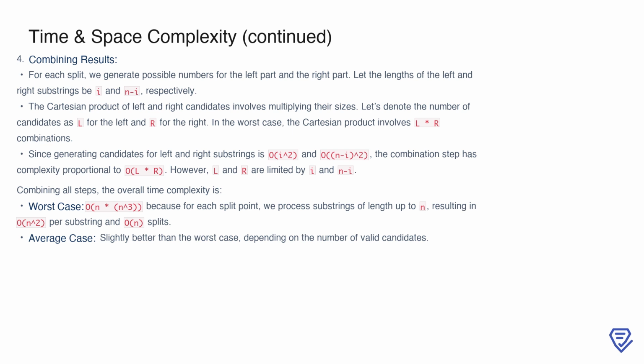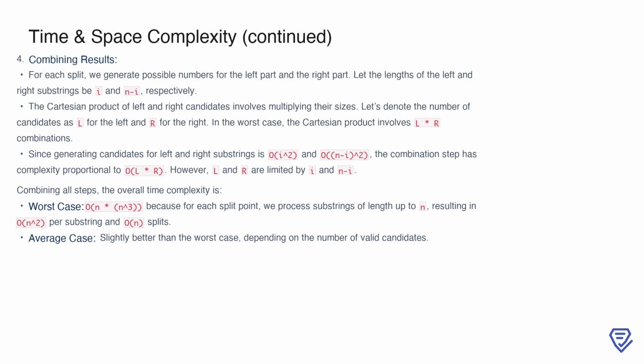Since generating candidates for the left and right substrings involves i squared and (n-i) squared operations, respectively, the combination step's complexity is proportional to L * R. However, L and R are bounded by i and n-i. Putting all of this together, the overall time complexity in the worst case is O(n cubed).